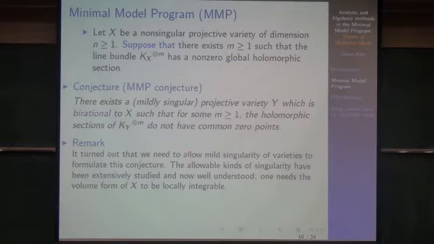People have had examples where Y needs to be singular since the 1970s. But the allowable kind of singularity in this conjecture is actually very mild, and it was extensively studied and is now well understood. I cannot go into details of this theory of singularity, but essentially what one needs is that the volume form of X be locally integrable.